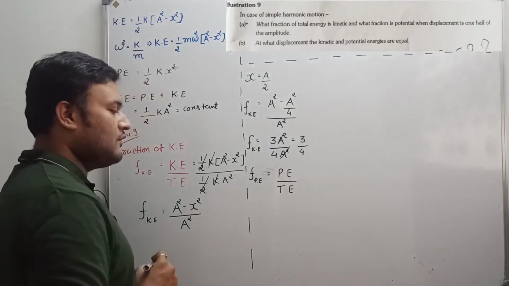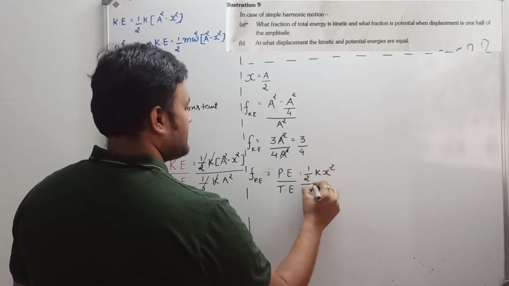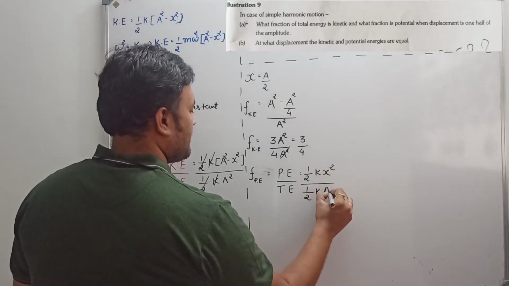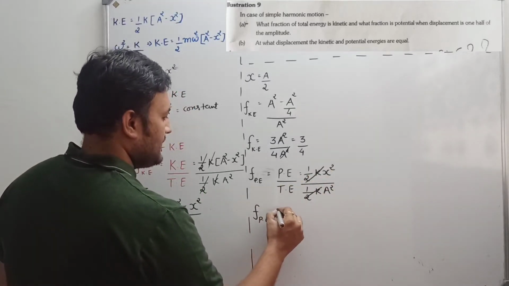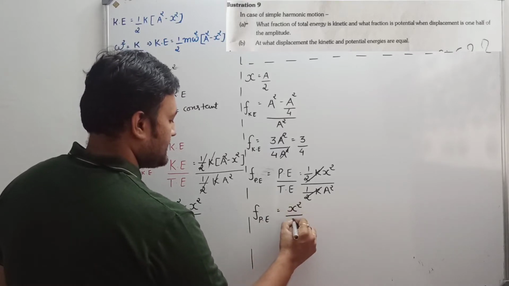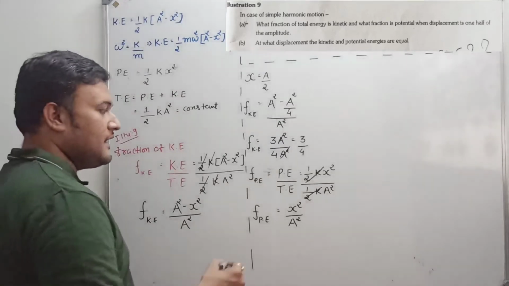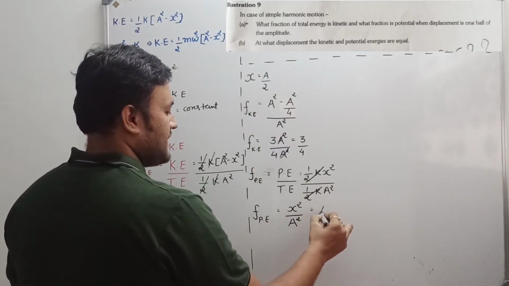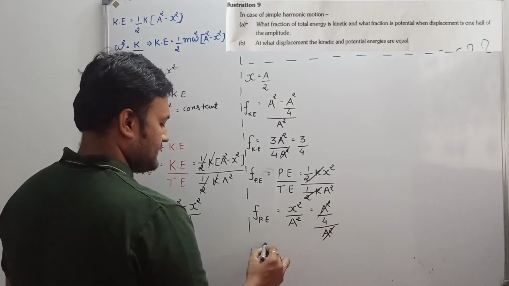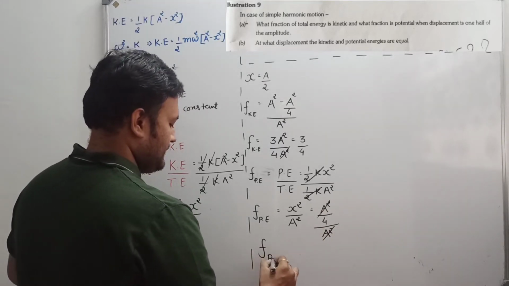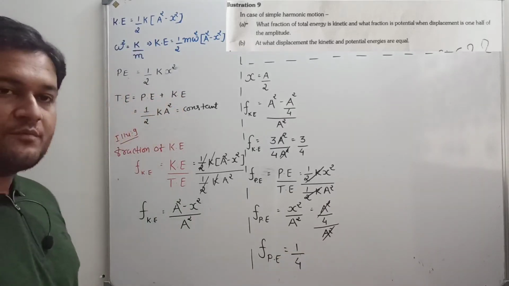Potential energy is 1/2 k x square and total energy is 1/2 k a square. So 1/2 k is cancelled. So FPE is equal to x square upon a square. And at x is equal to a by 2, this is a square by 4 upon a square, cancel. So FPE is 1 by 4. So this is the fraction of potential energy.